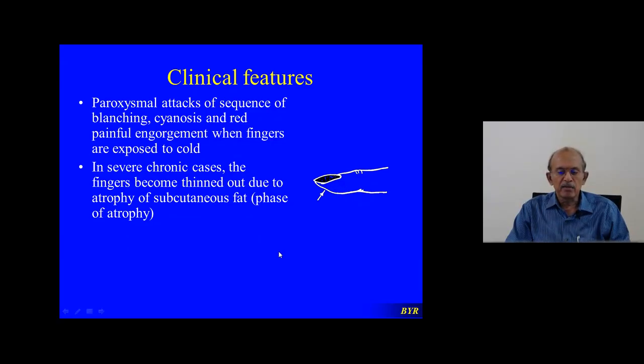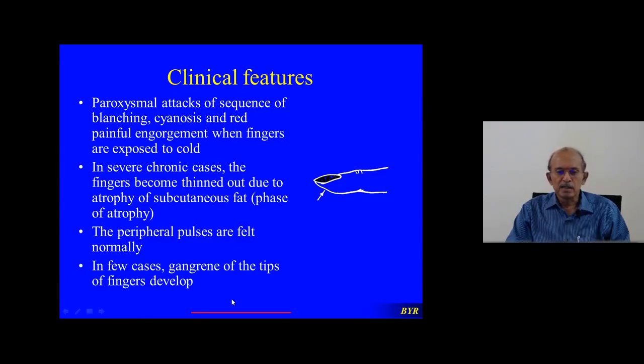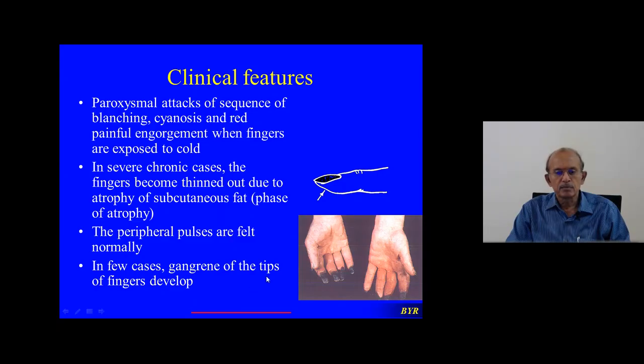Only bone will be there, covered by the skin. The peripheral pulses are felt normally because the major arteries are not involved. Only the distal arteries and arterioles are affected. In a few cases, gangrene of the tips can also develop. In severe cases, prolonged vasoconstriction that is not relieved can lead to gangrene of the fingers.